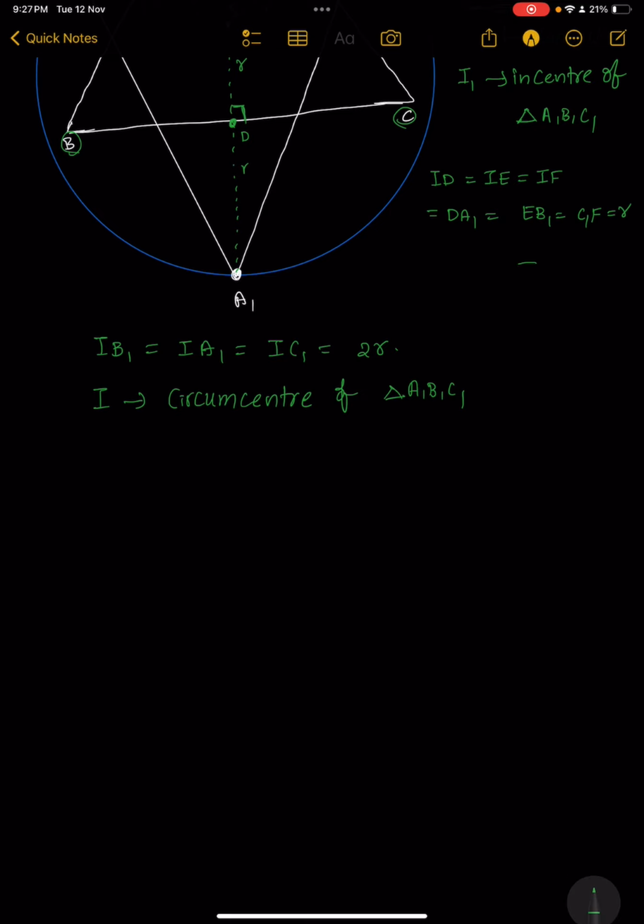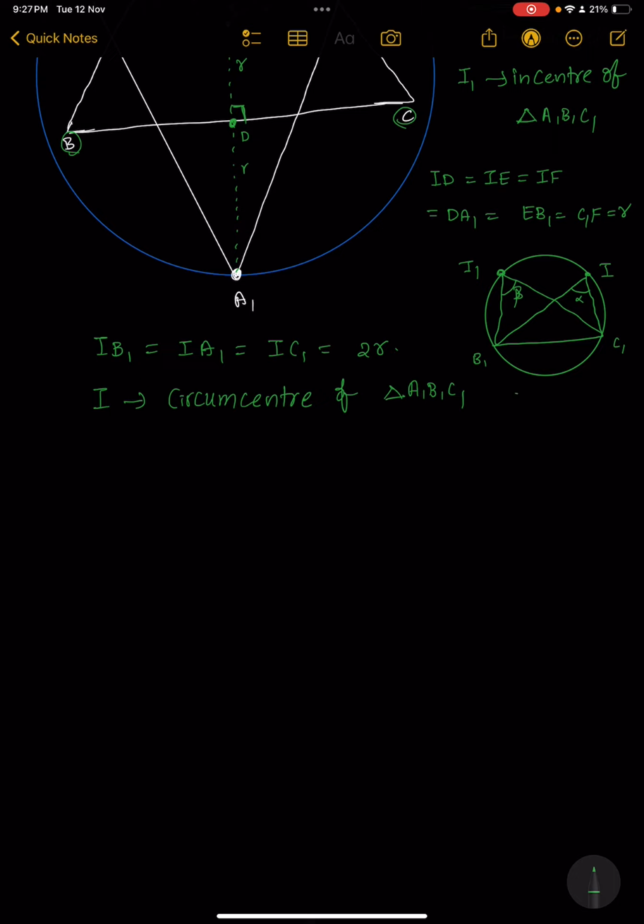So what do we have to prove? B1, C1, I1 and I are concyclic. So this is the line segment B1C1, and here you have I and here you have I1. Let us say B1C1 subtends an angle alpha at I, and B1C1 subtends an angle beta at I1.